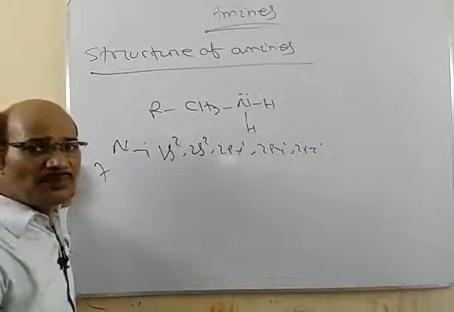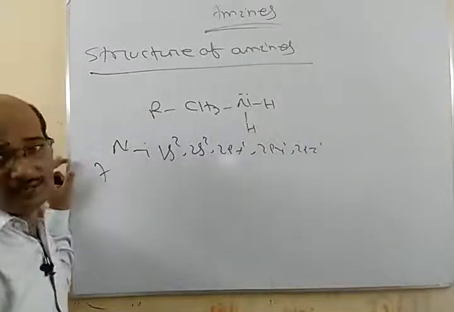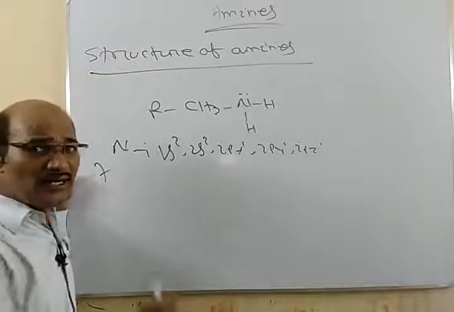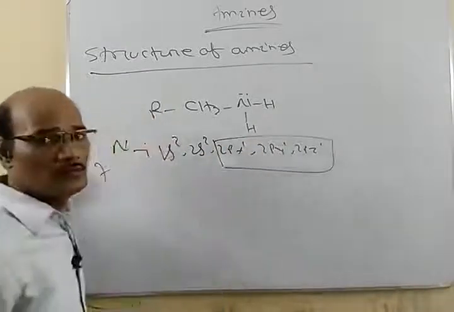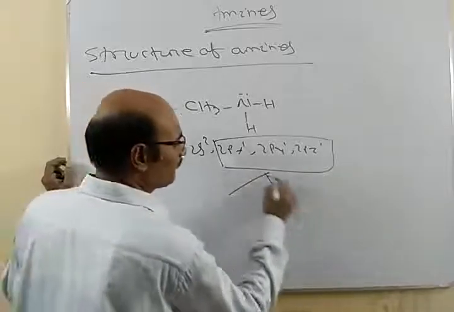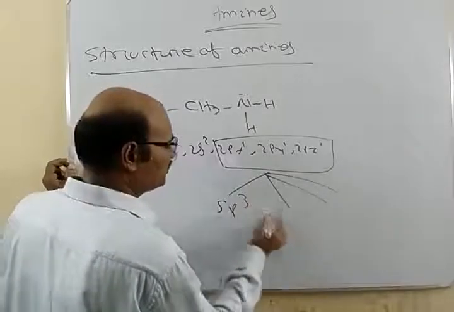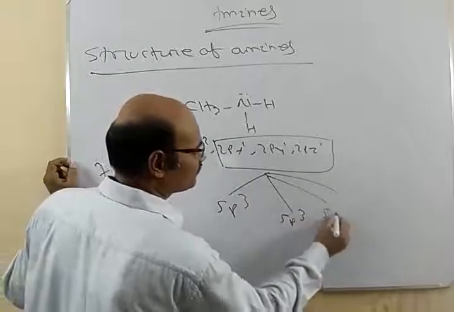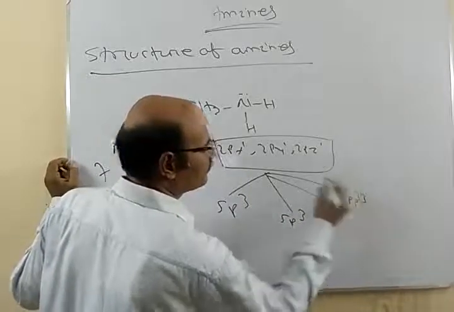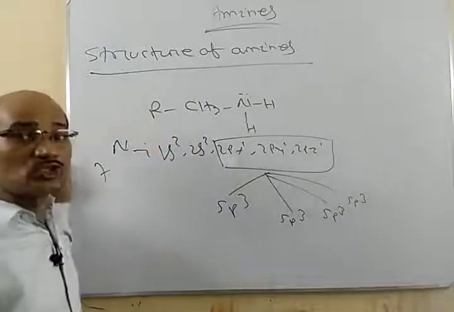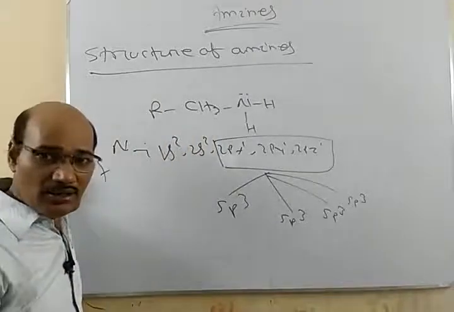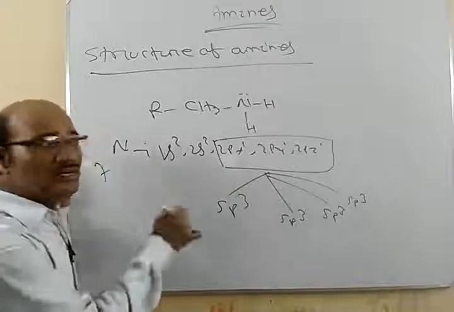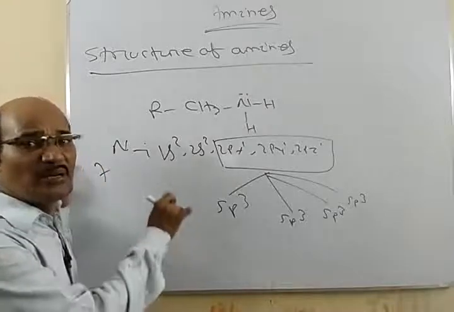In ammonia, the nitrogen atom is sp3 hybridized to give four sp3 hybrid orbitals. Like ammonia, the nitrogen atom in amines is also sp3 hybridized.